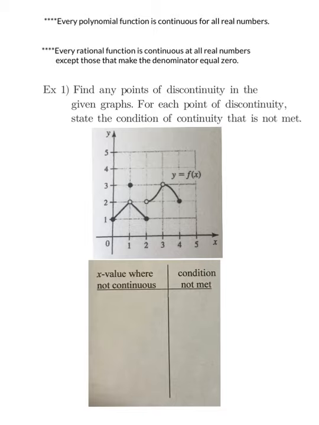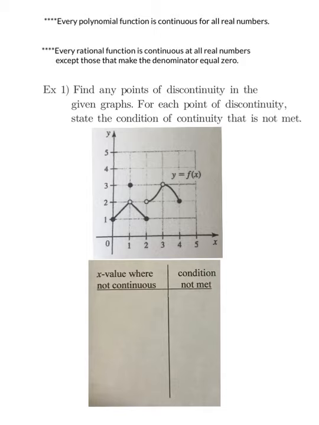In our first example for continuity, we are asked to find any points of discontinuity in the given graphs, and for each that we find, we want to state the condition of continuity that we did not meet. When you are looking at a graph, one of the basic things to think about is, do I have to pick up my pencil if I want to trace this graph?